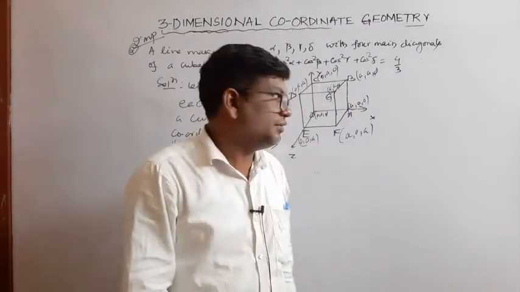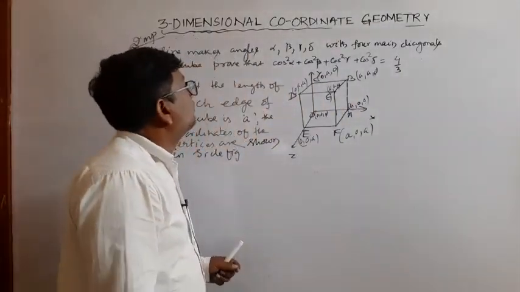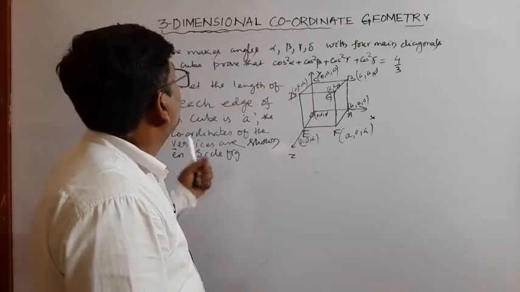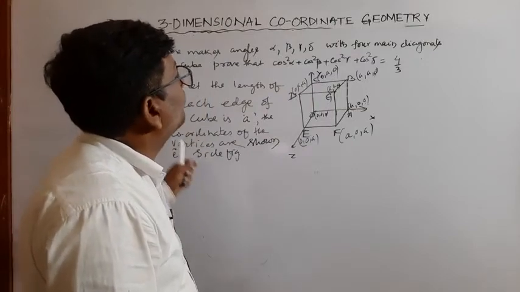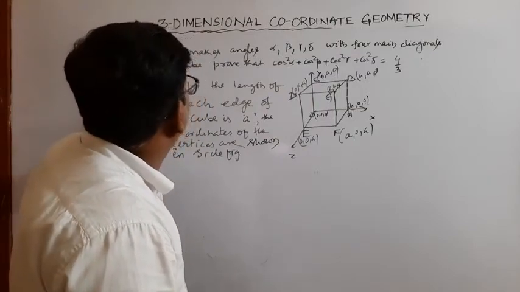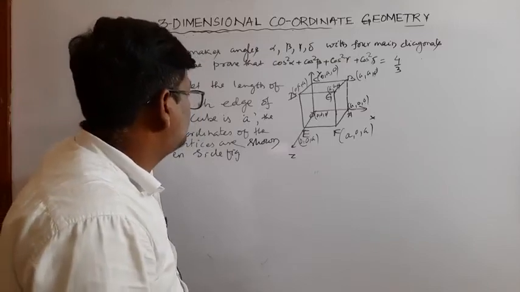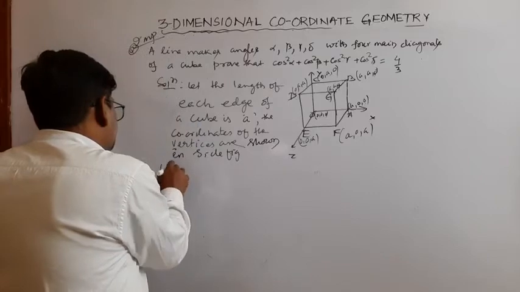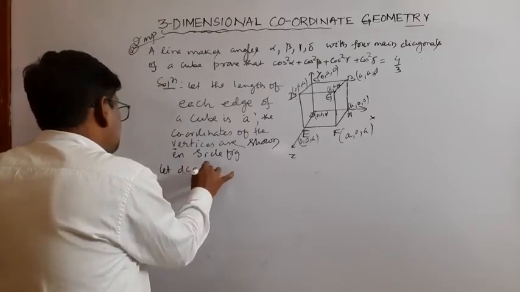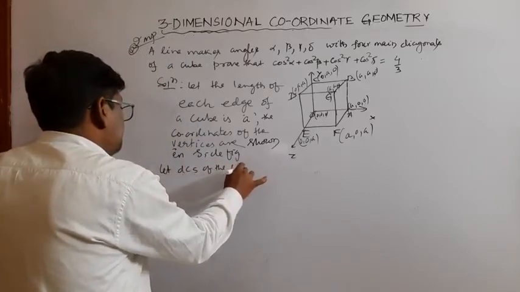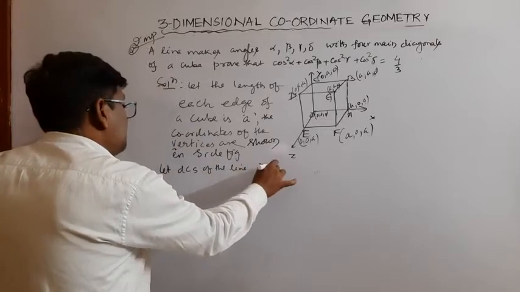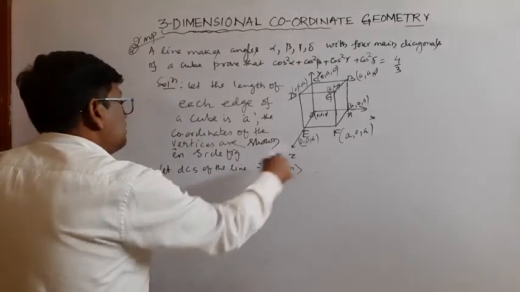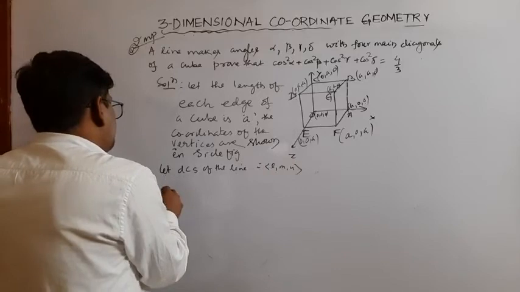Now, a line makes angles with the diagonals. Let the DCs of the line be L, M, N. Now we need the DCs of the diagonals.